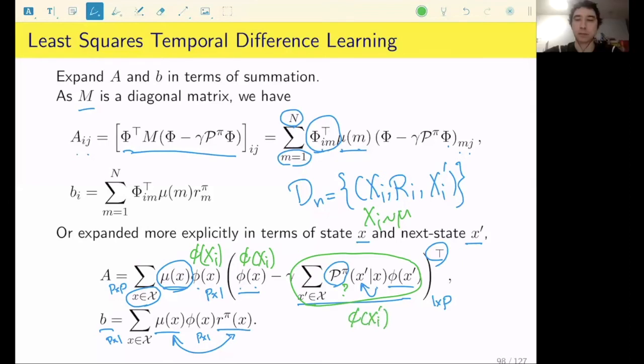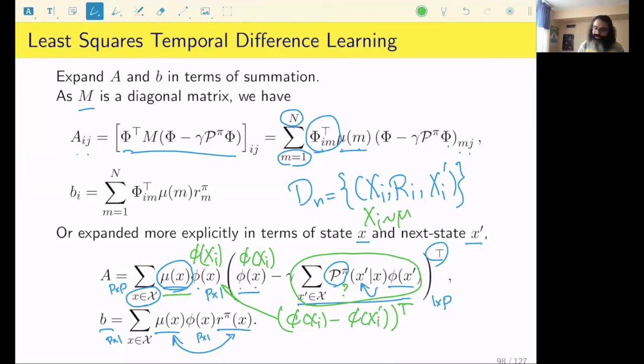So the whole thing I get would be phi of x_i minus gamma phi of x_i prime, transposed, and then multiplied by this phi of x. And then mu of x I don't need to be worried about because x's are coming from that distribution.